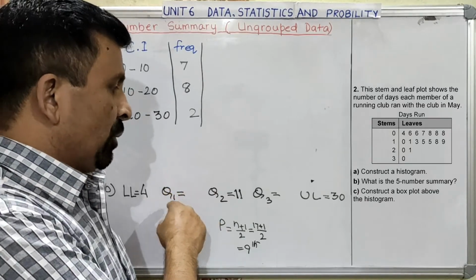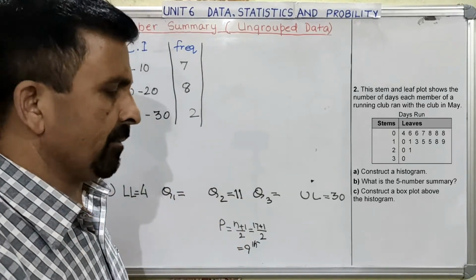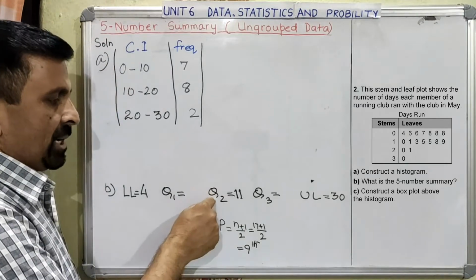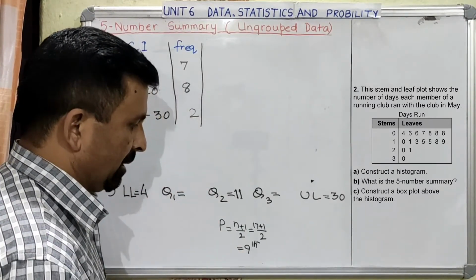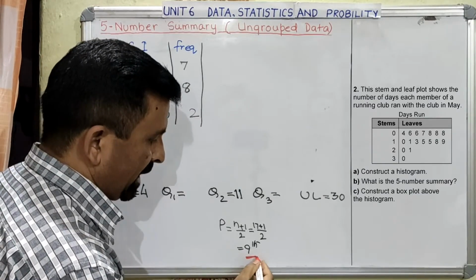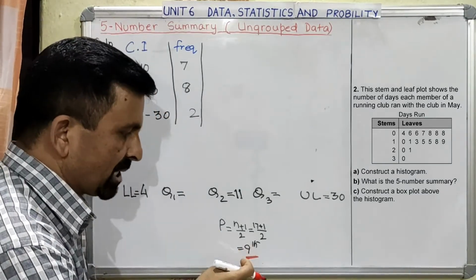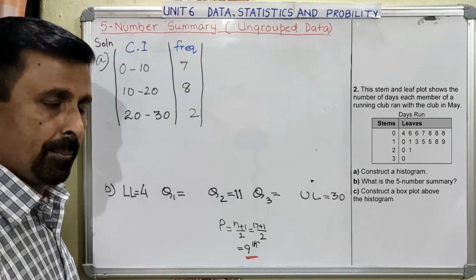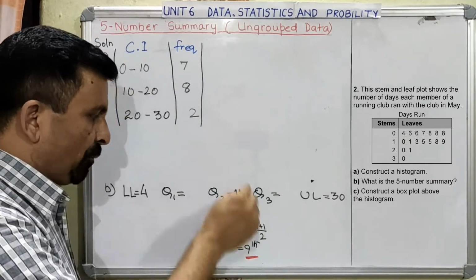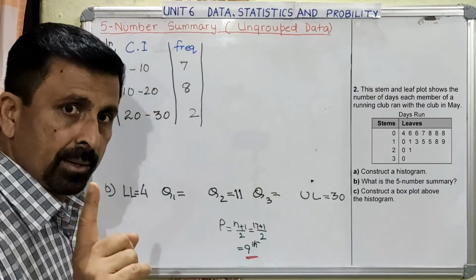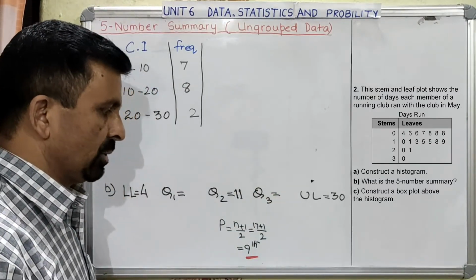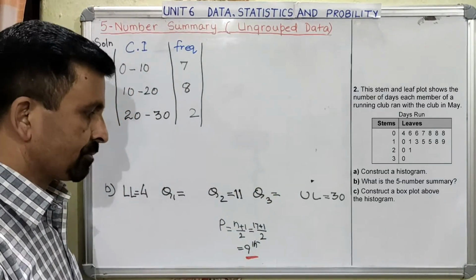Now when you go to Q1 and Q3, you have to be very, very careful. Once you have calculated the position for your Q2, this becomes a very, very important term. You have to take special care of this position, because this position will help you find the correct value of Q1 and the correct value of Q3 also. I am going to show you how it plays a very important role.